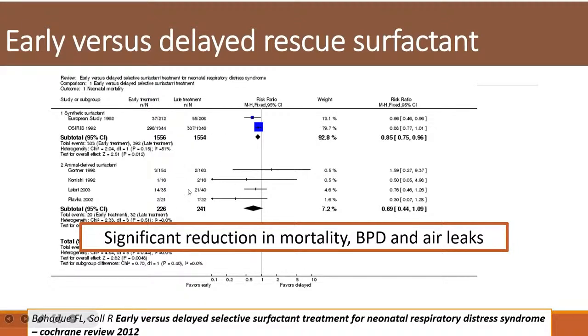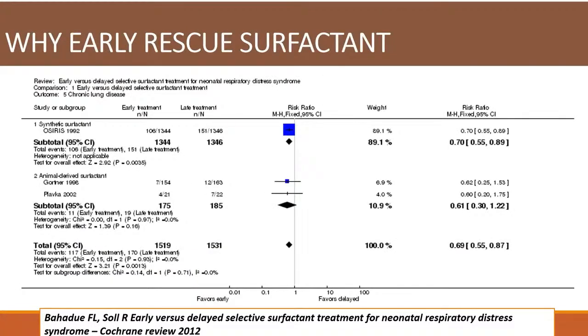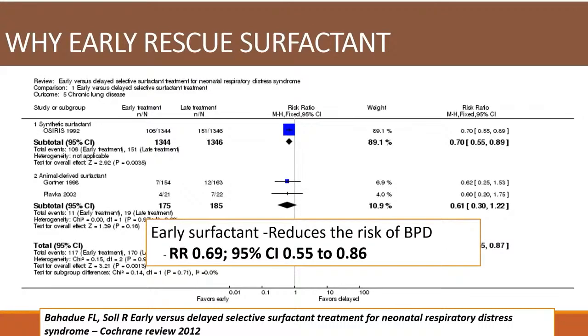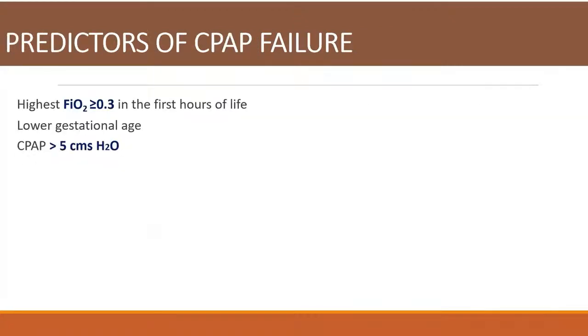This forest plot shows us the comparison of studies which looked at early versus late rescue surfactant administration, and early rescue surfactant therapy was associated with a significant reduction in mortality, bronchopulmonary dysplasia, and air leaks. So all these cumulatively resulted in a net reduction in bronchopulmonary dysplasia with a risk reduction of almost 31%.